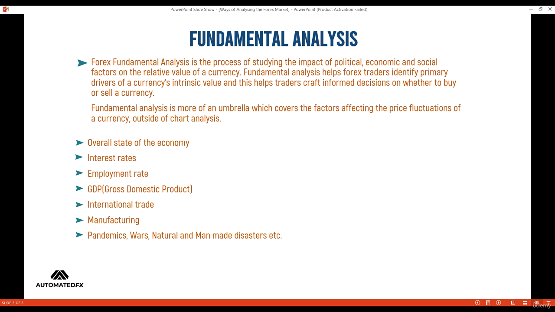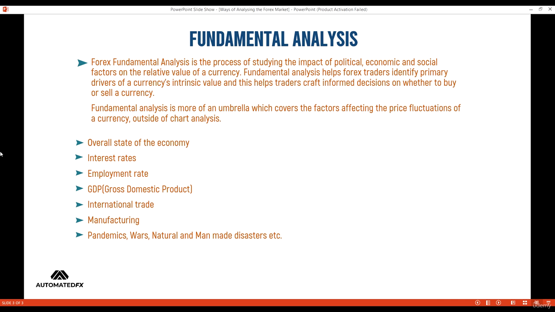You have to learn about the country and then look at how the overall state of the economy is. If the overall state of the economy is good, investors will be looking to go long on the US dollar. But if the overall state of the economy is bad, of course, investors will prefer to stay away.